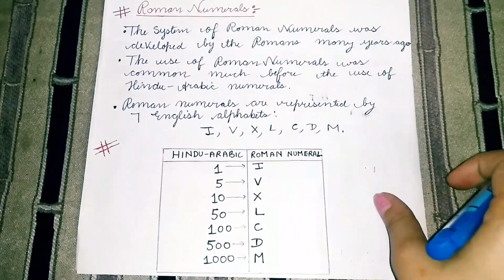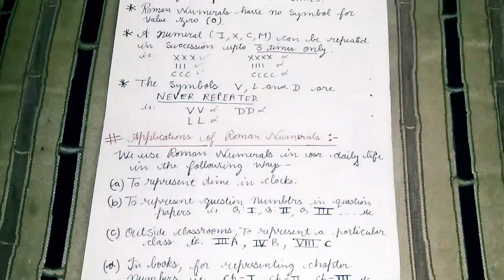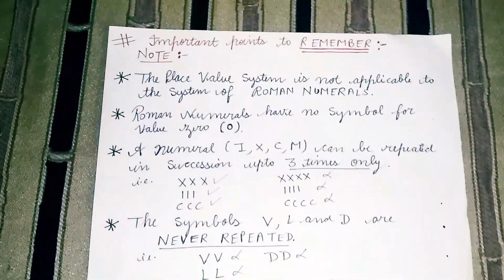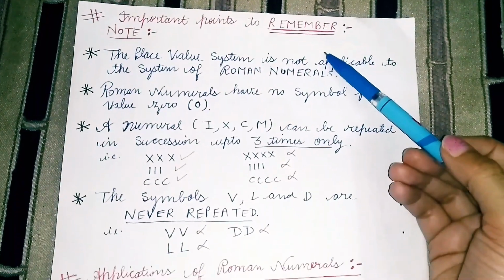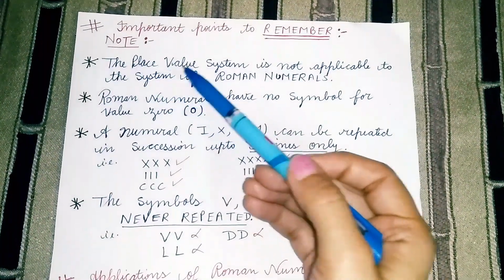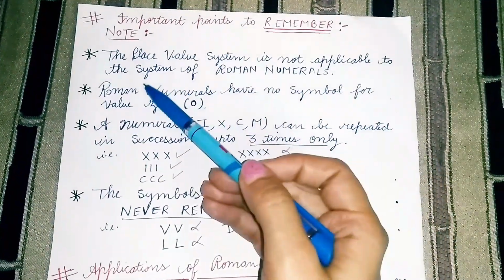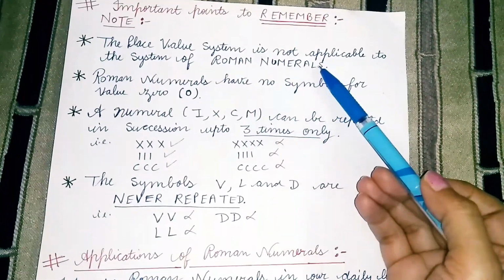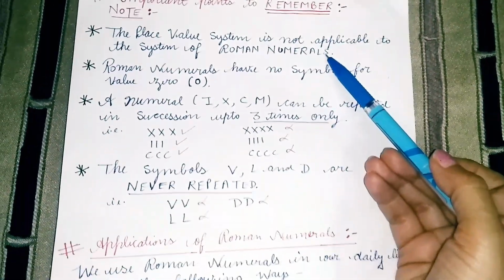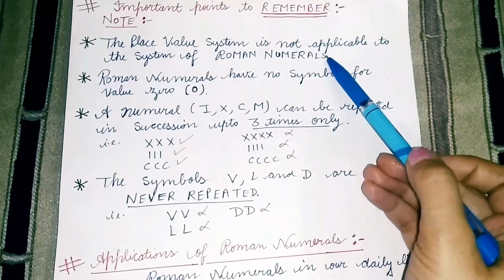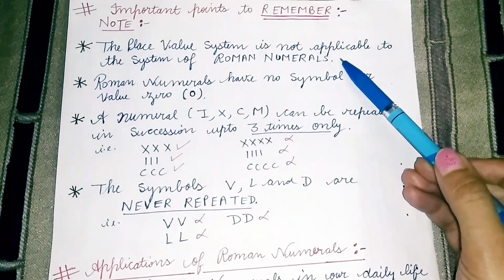Now let us understand some more important points. Now, first point: place value system is not applicable to system of Roman numerals. So children, in Hindu-Arabic numerals, you can use the concept of place value. It's very much applicable over there.